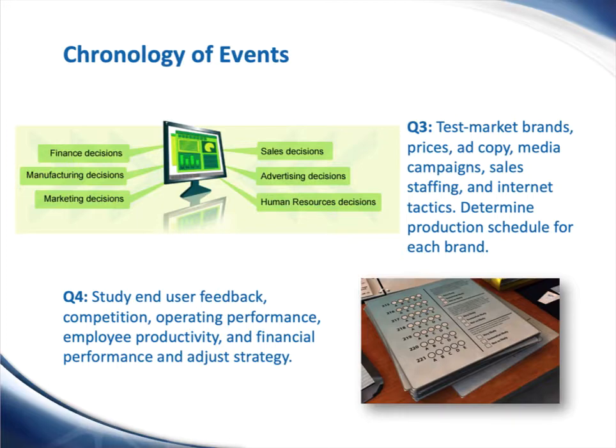We then switch to quarter three, where you test market your brands for the first time. You set prices, you set advertising, you create media campaigns, you have to staff your sales efforts or your internet tactics, and you have to determine the production schedule for each of your brands.